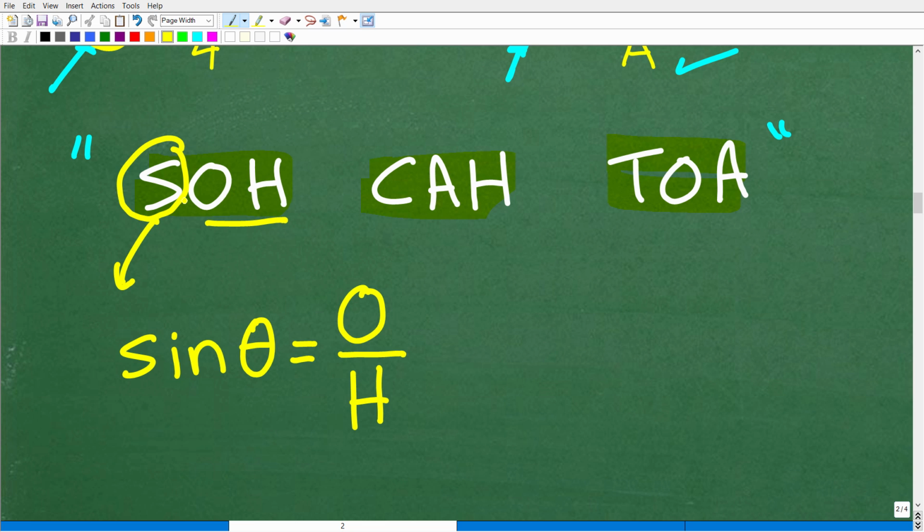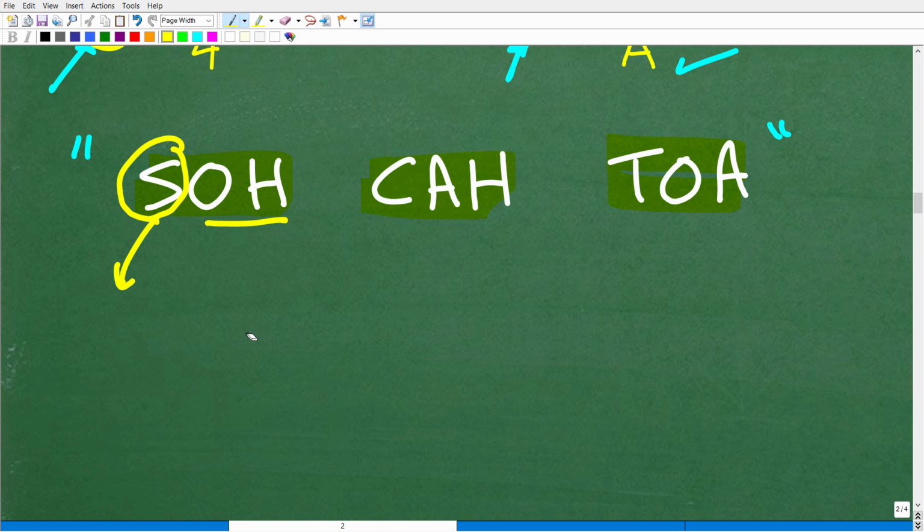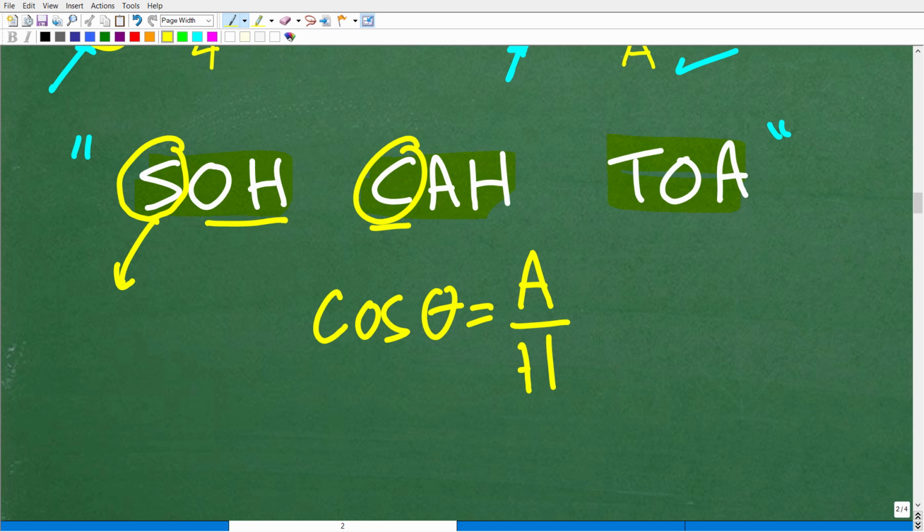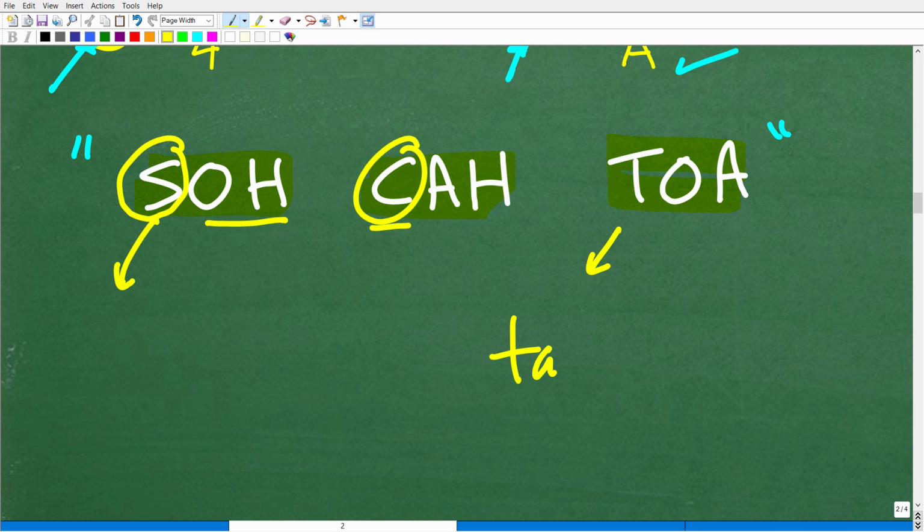SOHCAHTOA. So the sine of an angle is equal to the opposite over the hypotenuse. How about the cosine? Now that you see how this works, the cosine of an angle is equal to the adjacent over the hypotenuse, and the tangent of an angle, let me erase this here so we have enough room, the tangent of an angle is equal to the opposite over the adjacent.